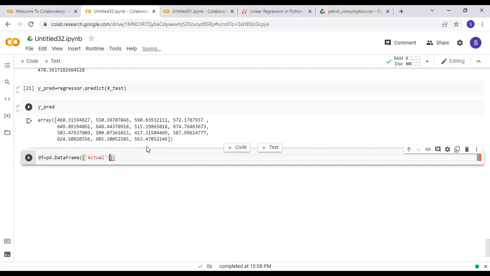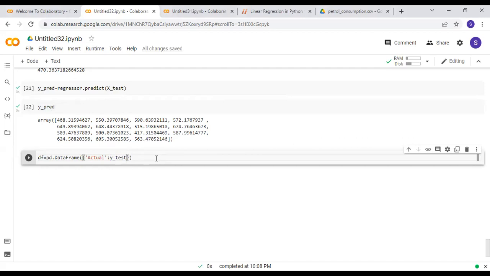Now I'm using the actual value, so the actual value is equal to y_test. This is a target variable. So the target variable is basically the y_test value, and y_test is the actual value.